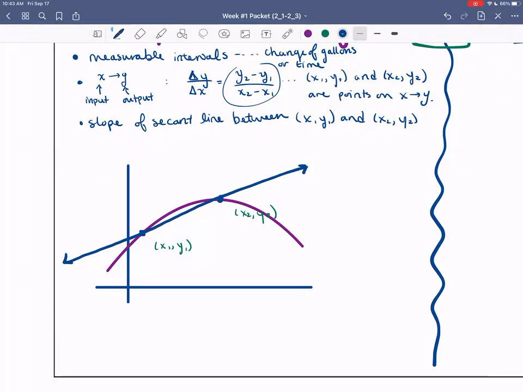If we want to get even more detailed here, I'll label my coordinates further on my axes. The x's are on the horizontal axis and the y's we'll put on the vertical axis. I made a small typo there. We have x1, y1, and x2, y2.